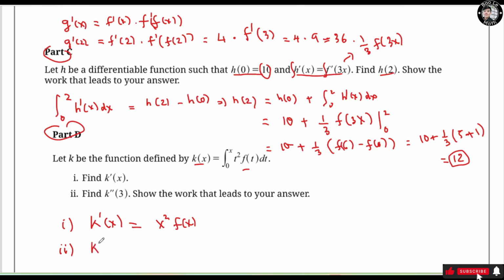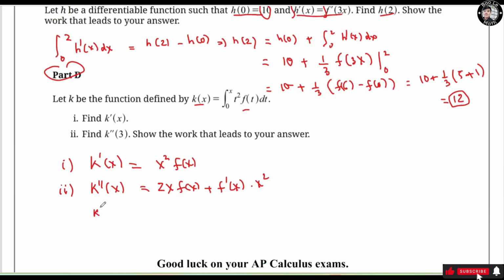So k double prime of s equals, we're going to use the product rule, right? So we have 2s times f of s plus f prime of s times s squared, right? So we substitute the values: k double prime of 3 equals 2 times 3 times f of 3, right?